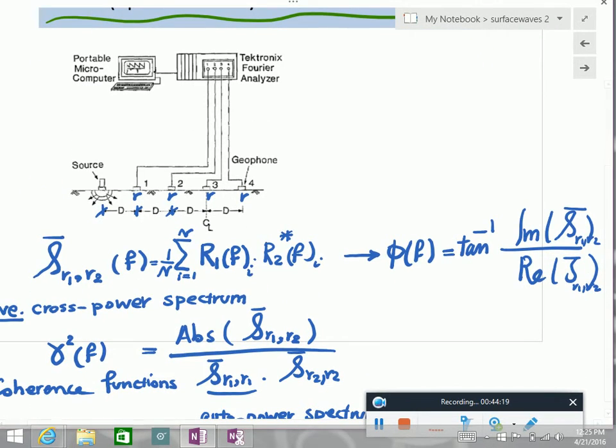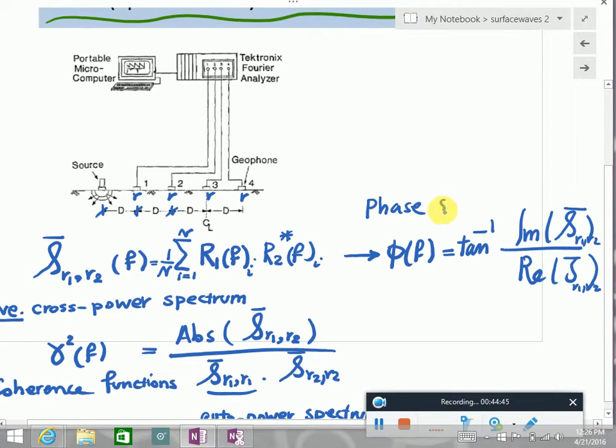It's very, very similar to doing cross-correlation in the time domain. We are just doing this in the frequency domain, because every frequency component may have a different velocity. That's why instead of cross-correlation, we calculate the cross-power spectrum. We calculate the phase of the cross-power spectrum, which is phase shift.